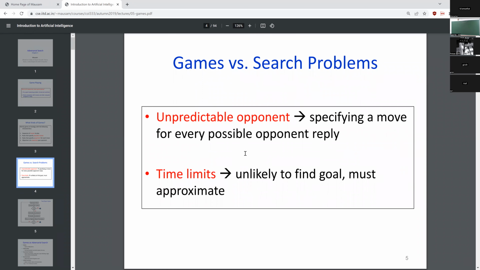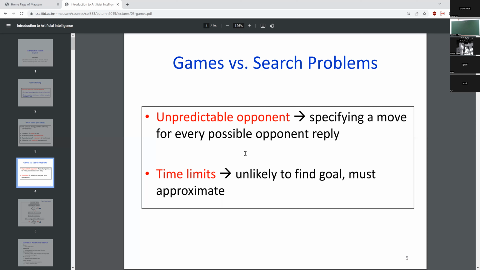Due to this unpredictability, you don't have deterministic knowledge of which state the game will be in after you have made a move. Because the final state of the game after a couple of moves will not only depend on your AI agent's move, but it will also depend on the adversary's move. So this unpredictability is the major difference that we want to tackle in adversarial search algorithms when compared to our previous search algorithms, where there was no presence of such adversaries.